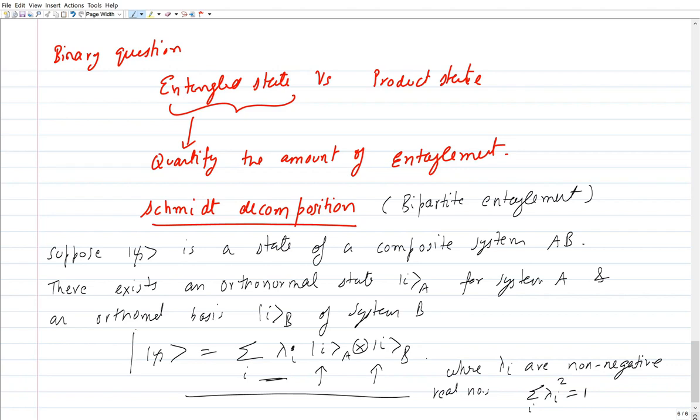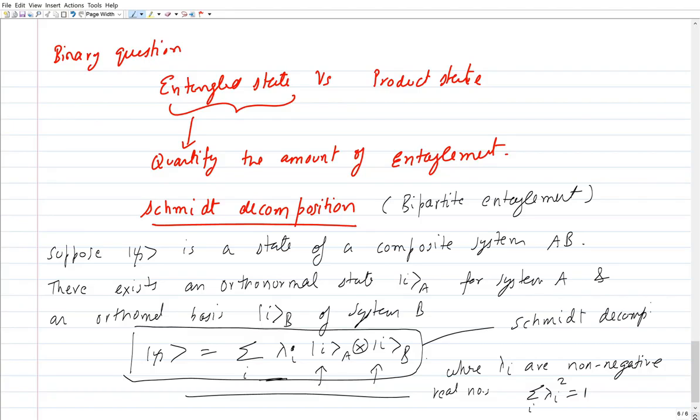This is called the Schmidt decomposition.